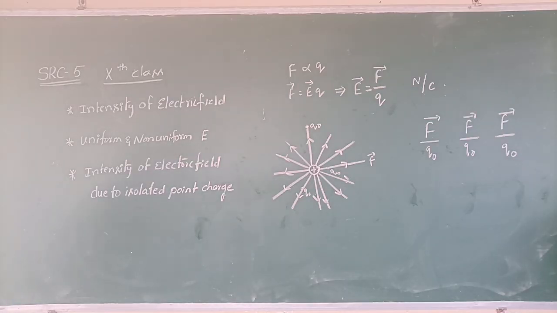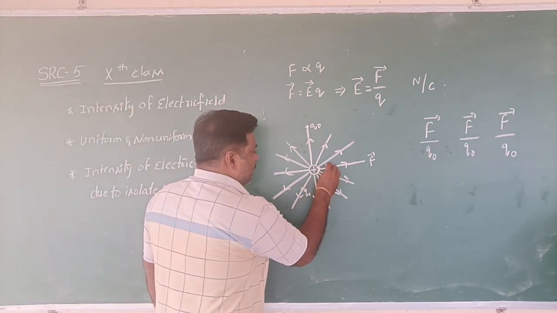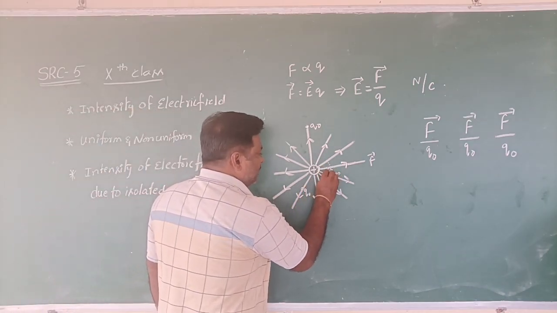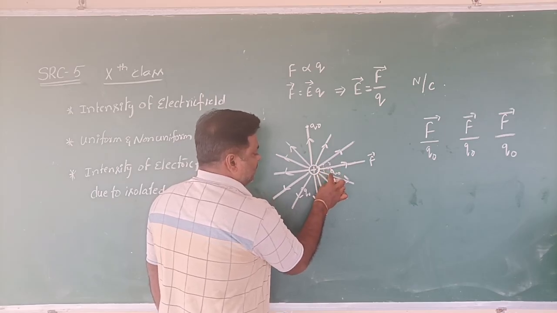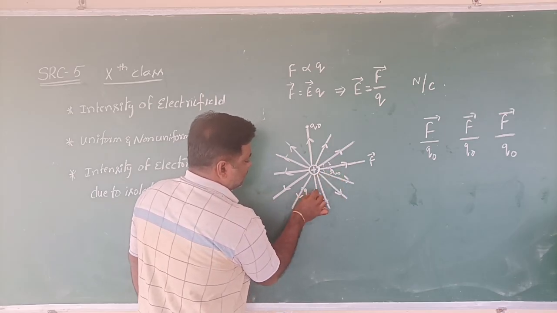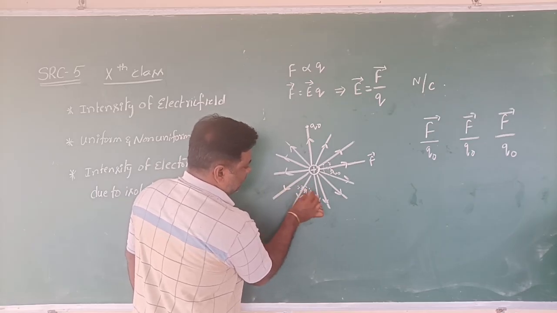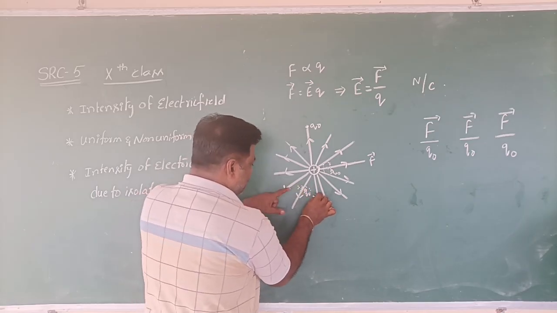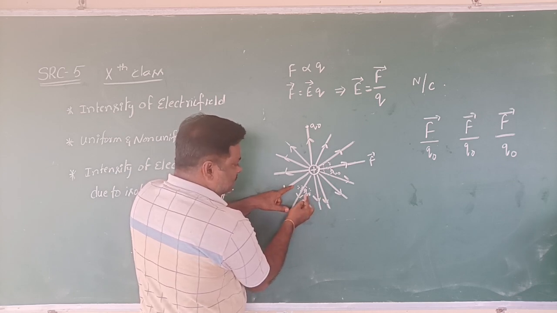Because when it is located here, observe these field lines. It is affected by three field lines. Here there is no chance at all, but it is somewhat near to this line and this line, so it may experience a little less force.